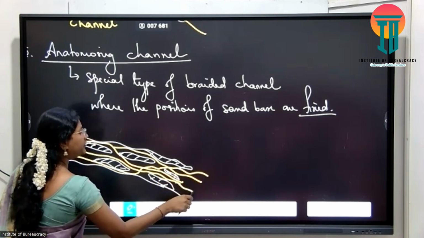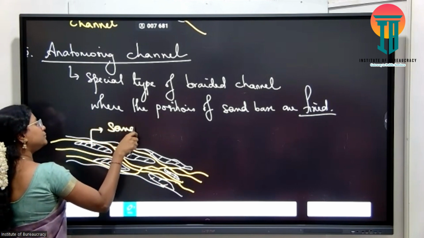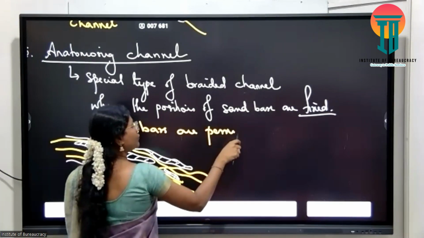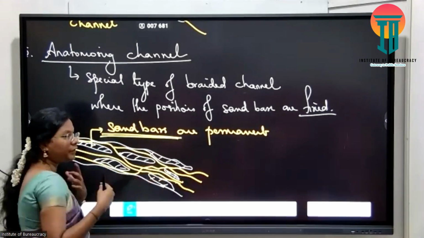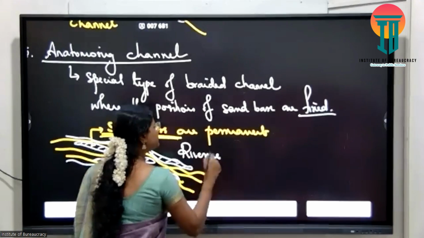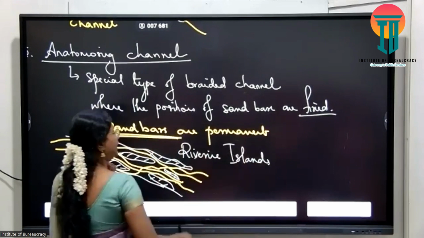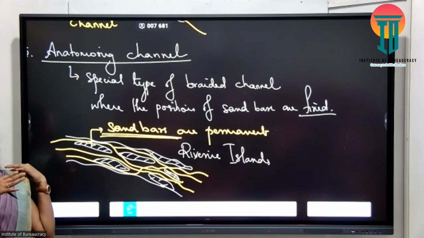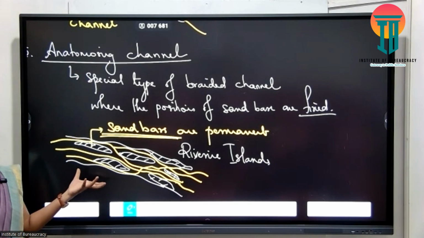Okay, intermingling of river channels, whereas these sandbars are permanent. And such sandbars which are permanent in their position are known as riverine islands. So Brahmaputra, even though it has so many sandbars, is also known to have riverine islands too.